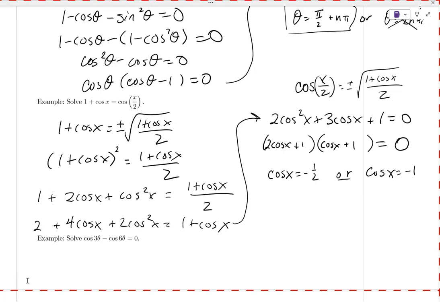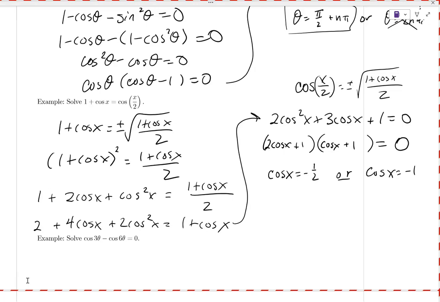When is cosine equal to negative 1/2? Well, what quadrants are we looking in? Second and third.